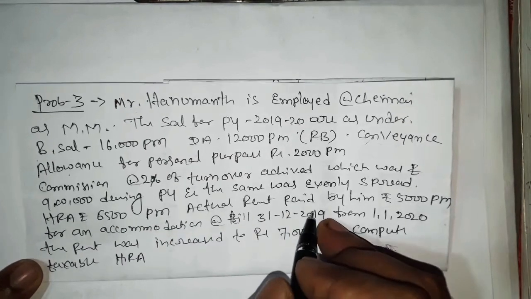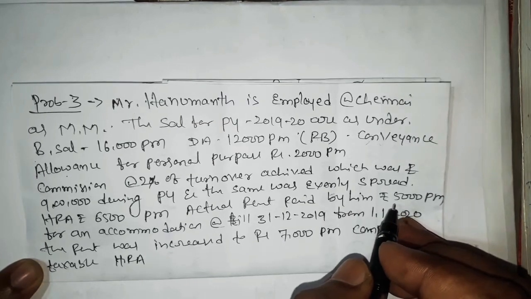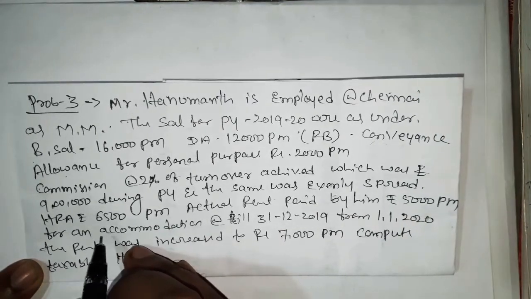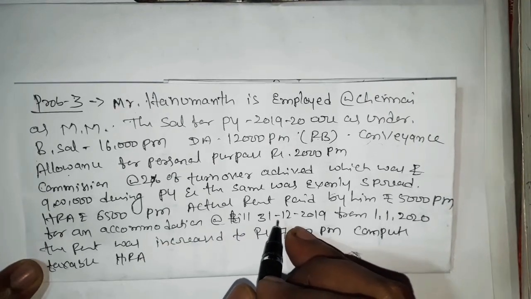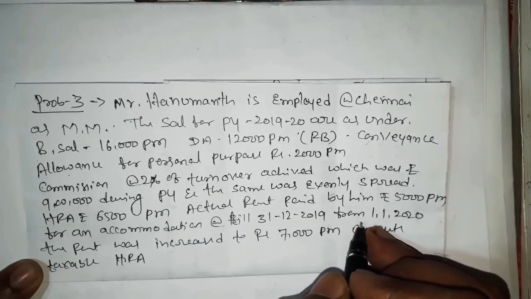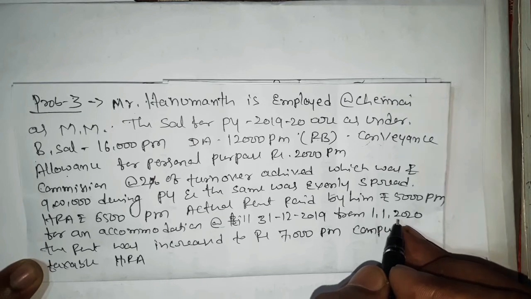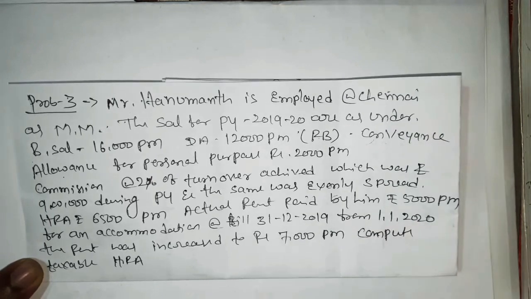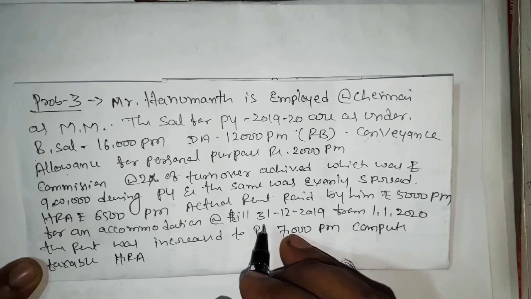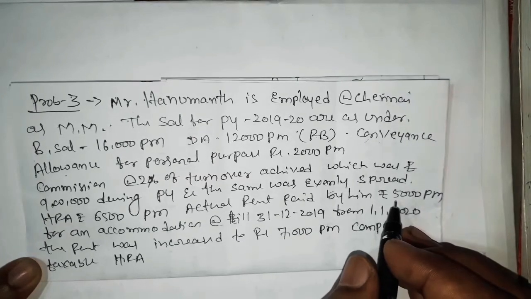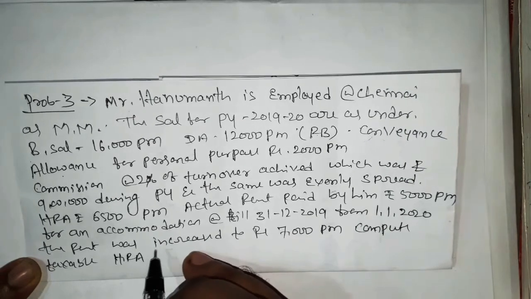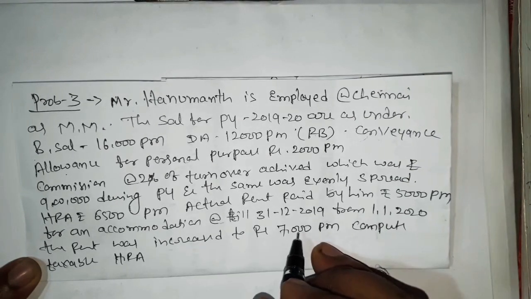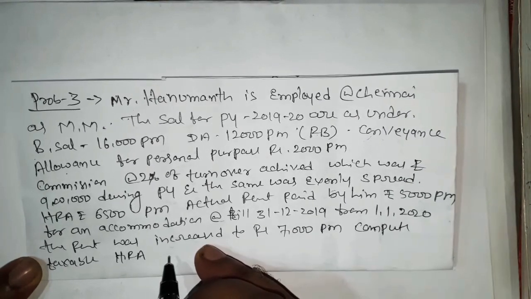The actual rent paid by him was 5,000 per month for an accommodation till 31/12/2019, and from 1/1/2020 that has increased to 7,000. Compute the taxable HRA.